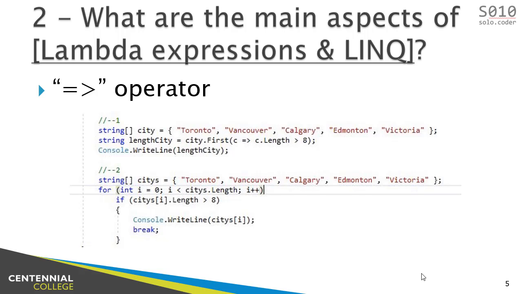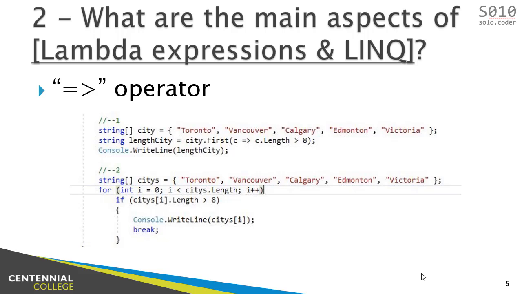First is that, yeah, I read some literature that says that you should read this as "goes to." Sometimes it makes sense, sometimes it doesn't. So sometimes, like when you are selecting one item with where or first, I would rather read it like this: get C such that C, the length, is greater than 8.